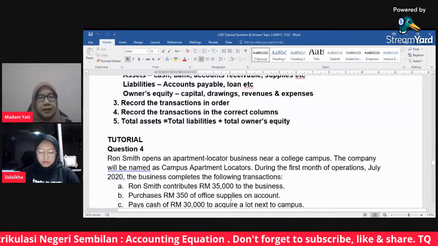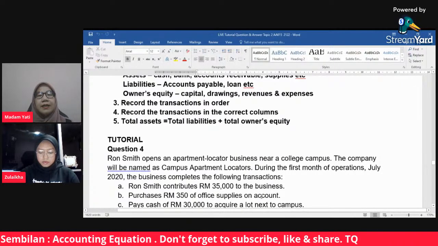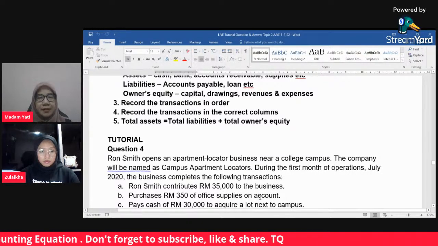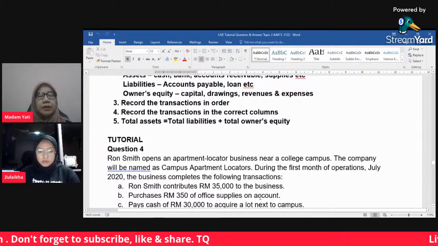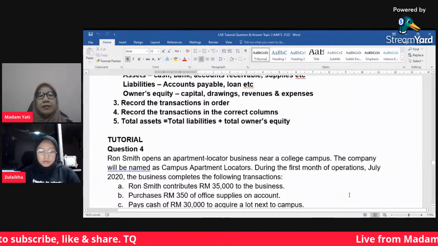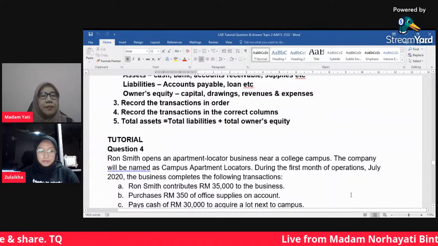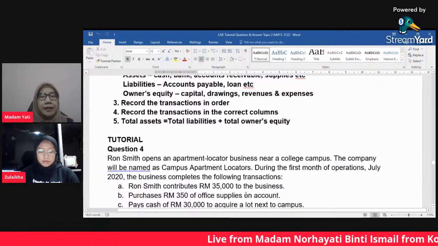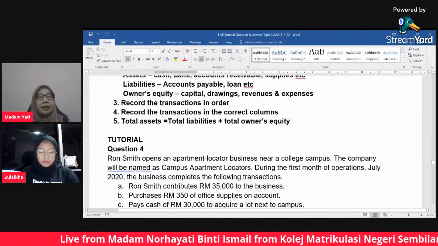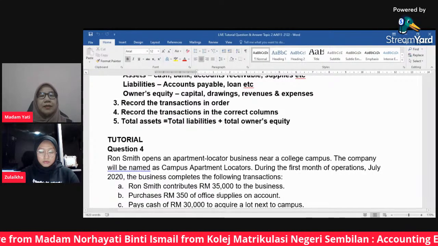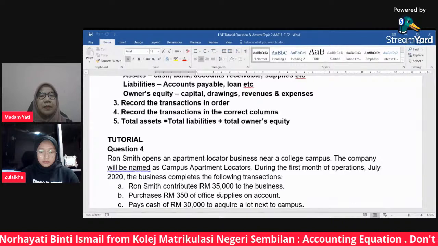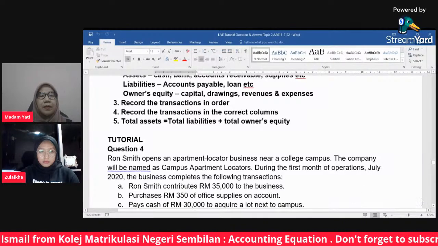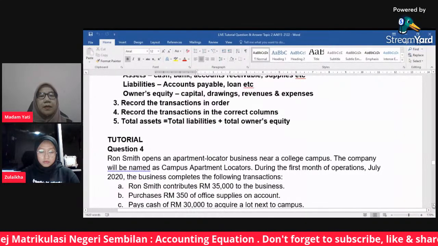That one is categorized as asset, and another one increase in liabilities sebab kita purchase on credit. Okay, so the first function you must know the transaction and identify whether there is an asset, liabilities or owner's equity. So this one ialah asset and liabilities.